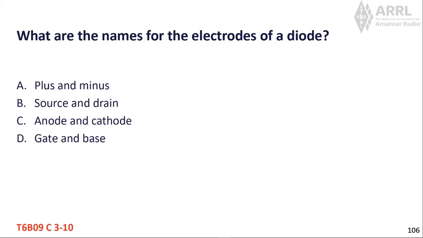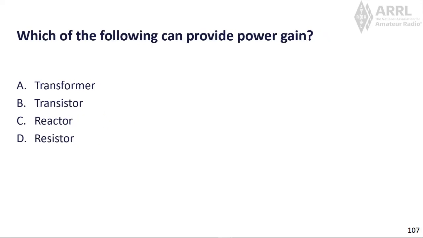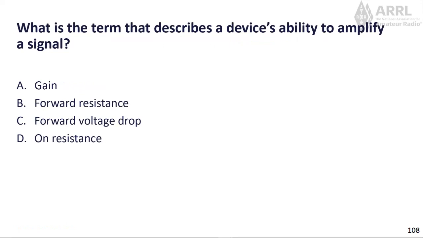Answer C. Which of the following can provide power gain? Transistors. Answer B. What is the term that describes a device's ability to amplify a signal? That word is gain. Answer A.